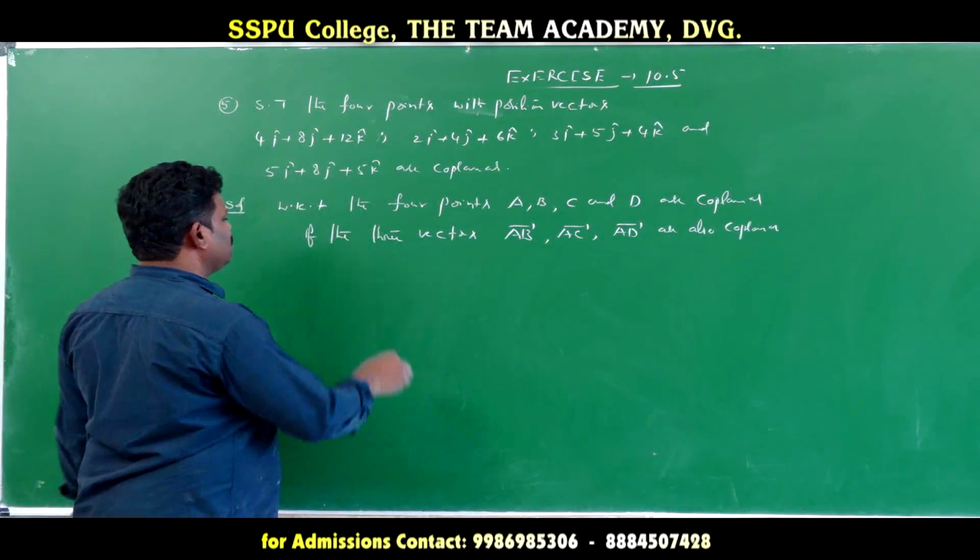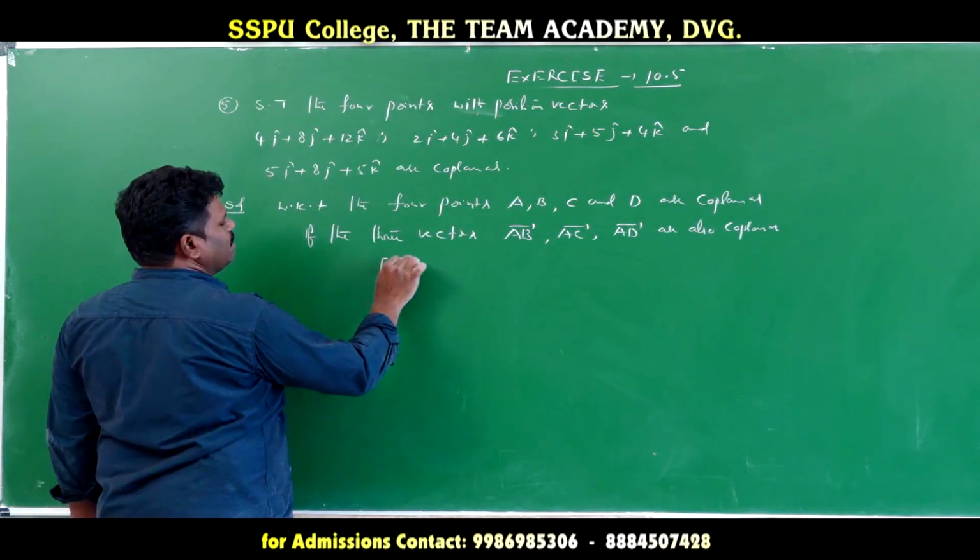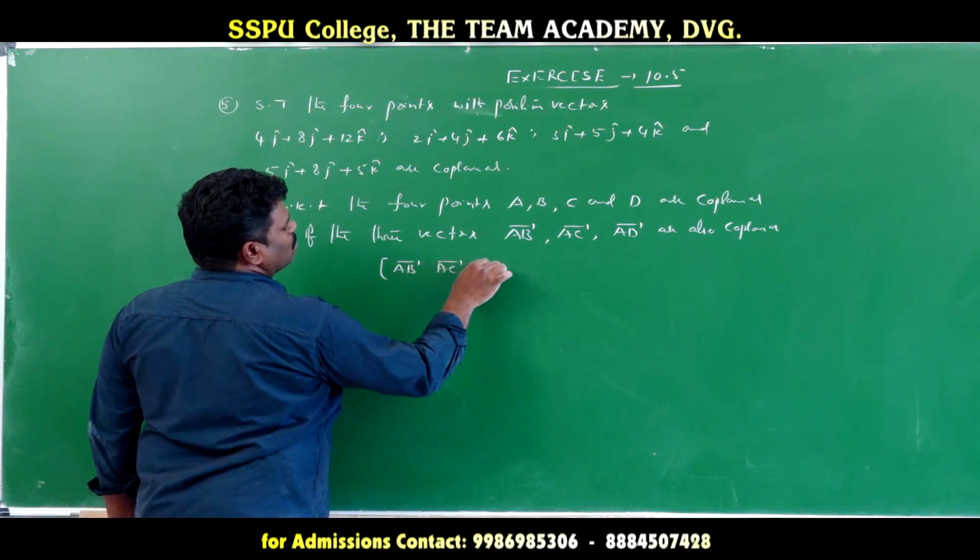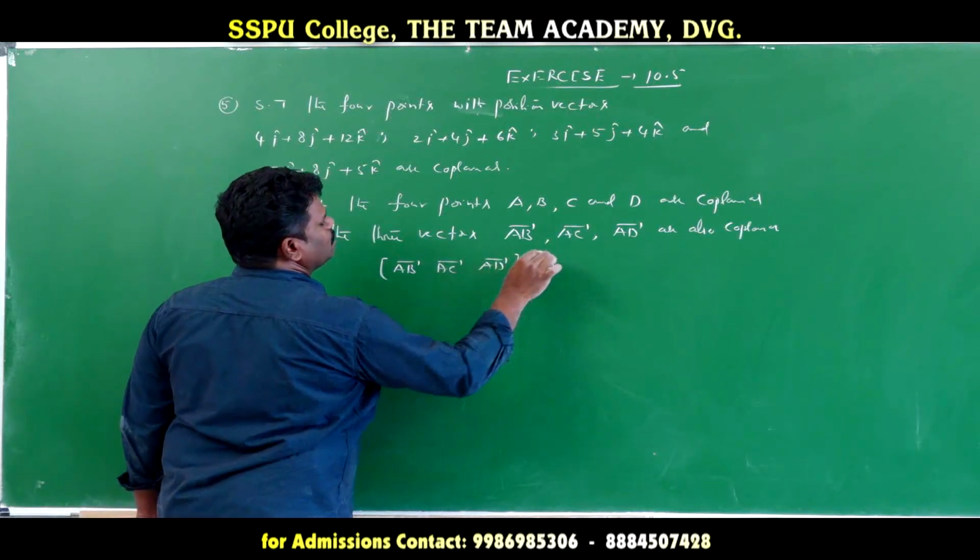Okay? So it means the box of AB vector, AC vector, AD vector is equal to 0.